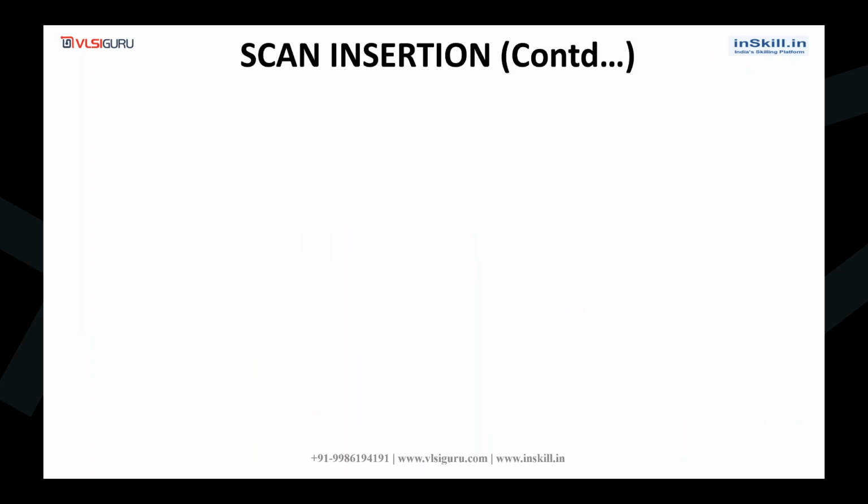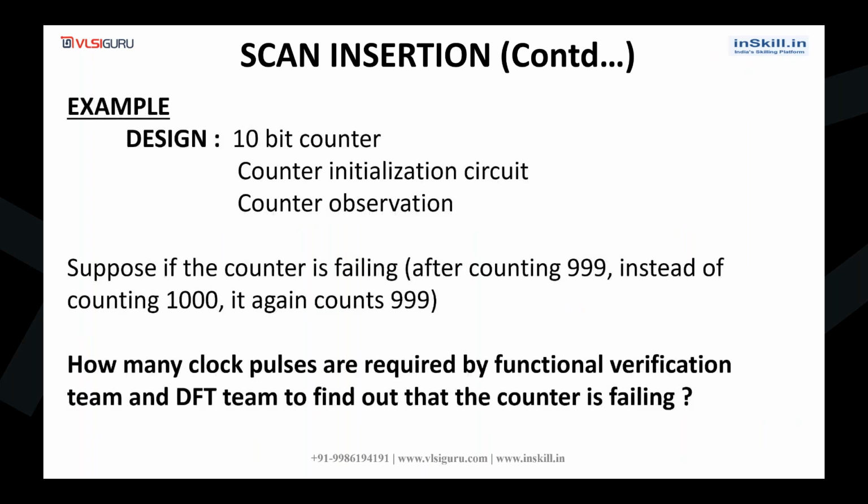We will once again take up this example in the main course and analyze it in more detail. As of now, I'm just giving you an idea about it. Say I have a design with a 10-bit counter, a counter initialization and a counter observation circuit.